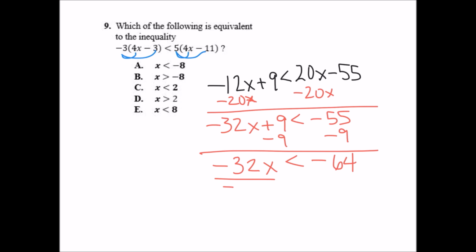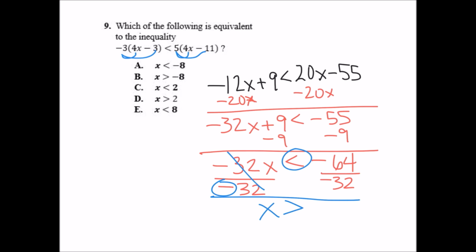Divide both sides by negative 32. Remember that because we divided by a negative, this sign flips. These 32's cancel out, and we are left with x is greater than, because I flipped the sign, greater than 2. X greater than 2, the correct answer is D.